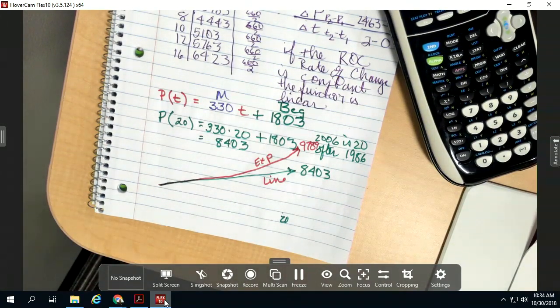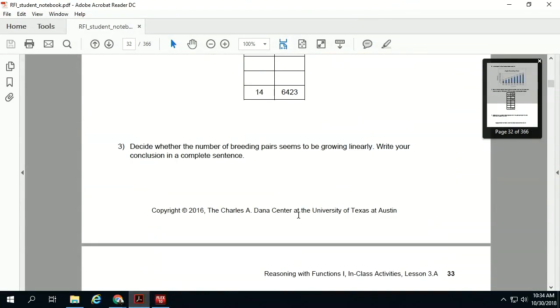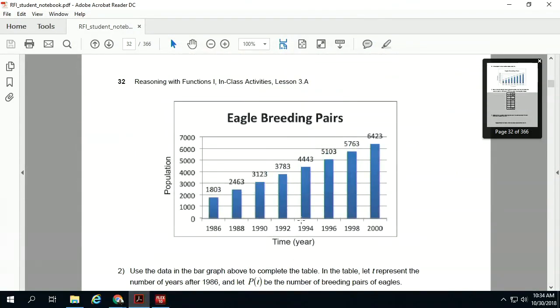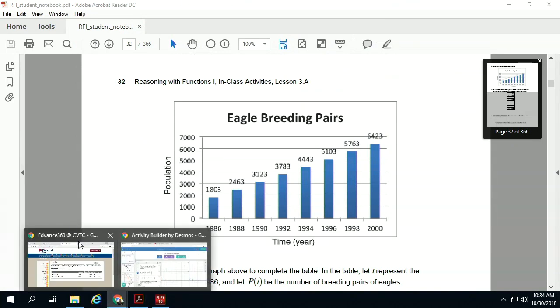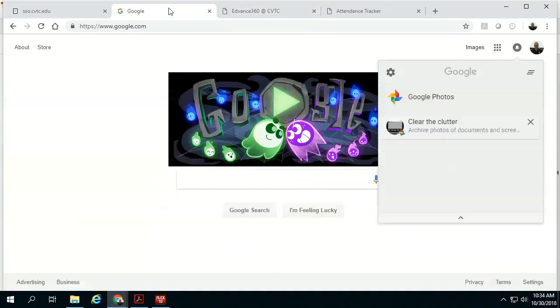And I think it's crucial in that understanding to look at the actual numbers. This graph was adapted from the actual population data. They made it be 330 eagle pairs per year. The actual numbers, I think I've got them here. The actual number of eagle pairs, let's see here.